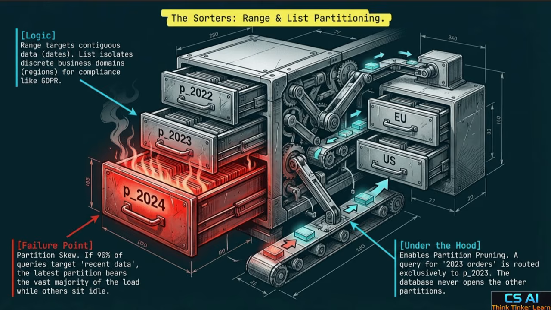For example, a query for 2023 orders is routed exclusively to P 2023. The database never opens the other partitions. However, the failure point is partition skew. If 90% of queries target recent data, the latest partition bears the vast majority of the load while others sit idle, creating a hot partition that bottlenecks performance.